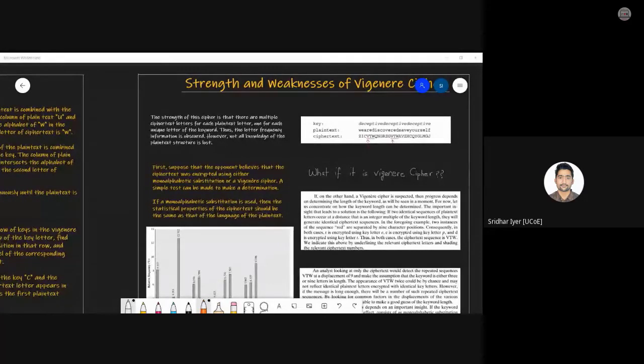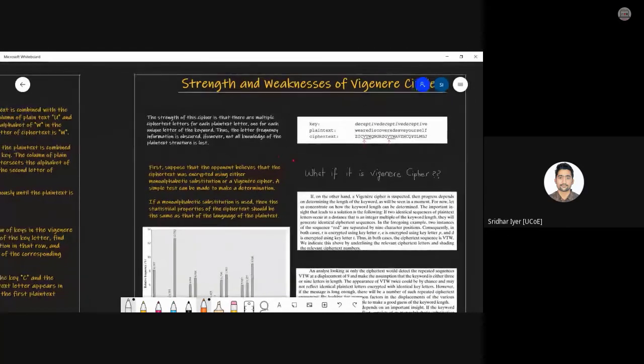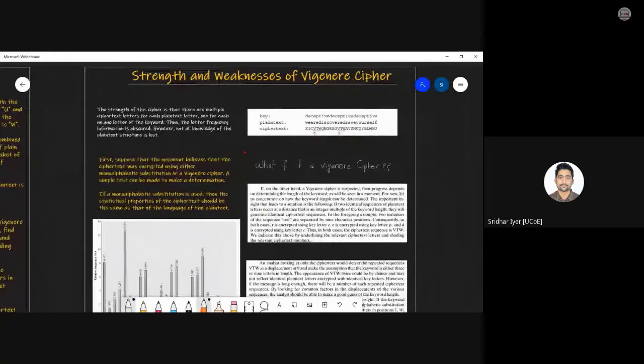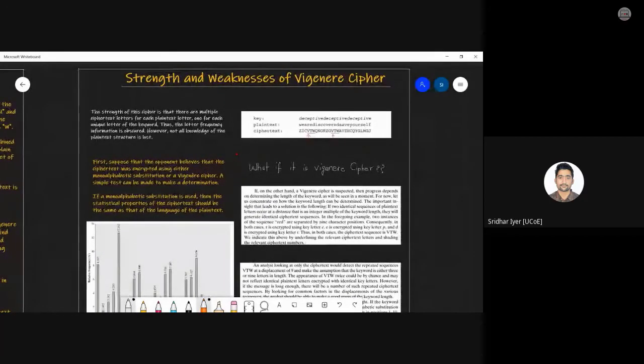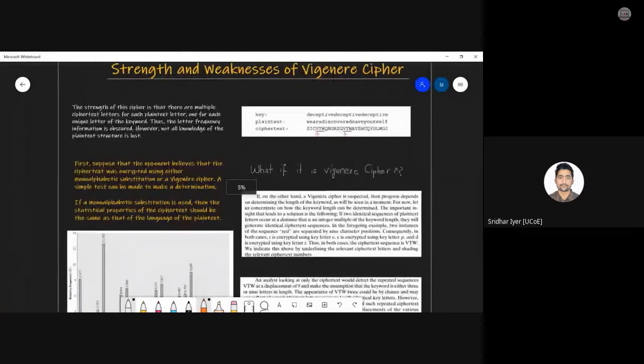You have to equate both the keys. Yes, Dhruv, we can use 2 different keys for more security, correct? So let's talk about how to improve the strength and discuss the weaknesses of this cipher.